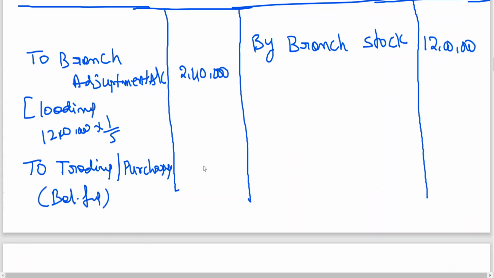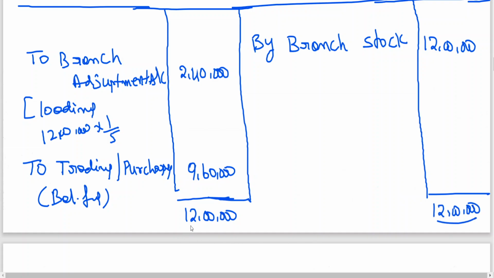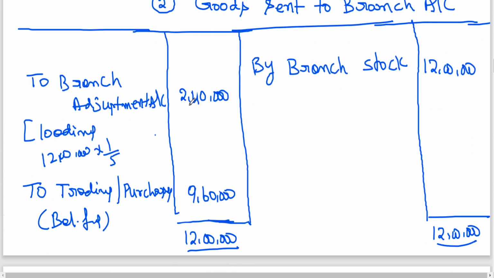Balancing figure: 12 lakhs minus 2 lakh 40,000, you're getting 9 lakh 60,000. So this is goods sent to branch account.